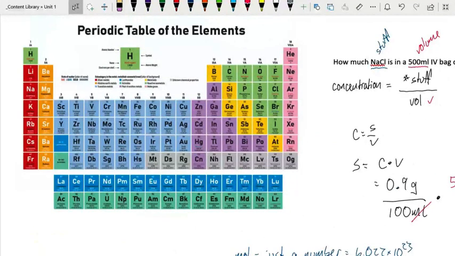So we're talking about sodium chloride, right? NaCl. Let's look at sodium and chlorine. Sodium is right here on the periodic table. Chlorine is right here on the periodic table. And these numbers are important, right? We talk about this atomic weight right here. Well, that atomic weight has two different unit measurements to it.